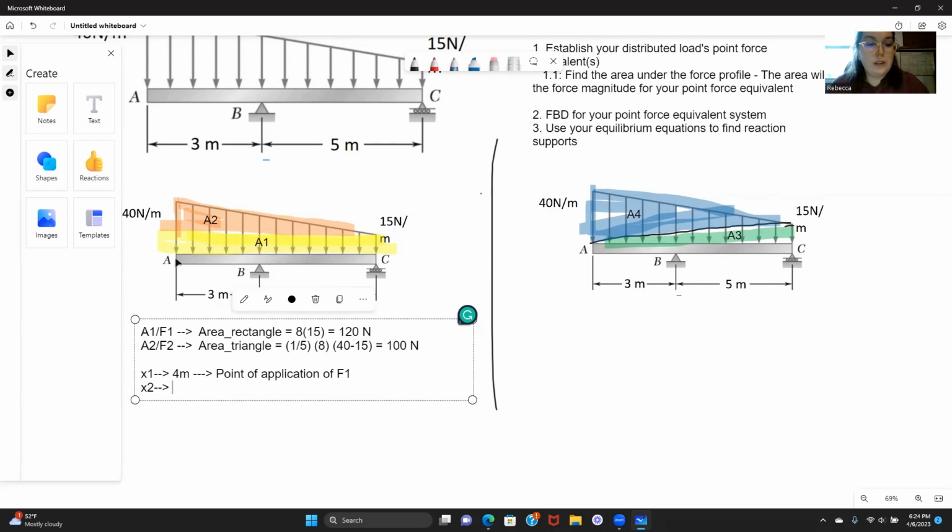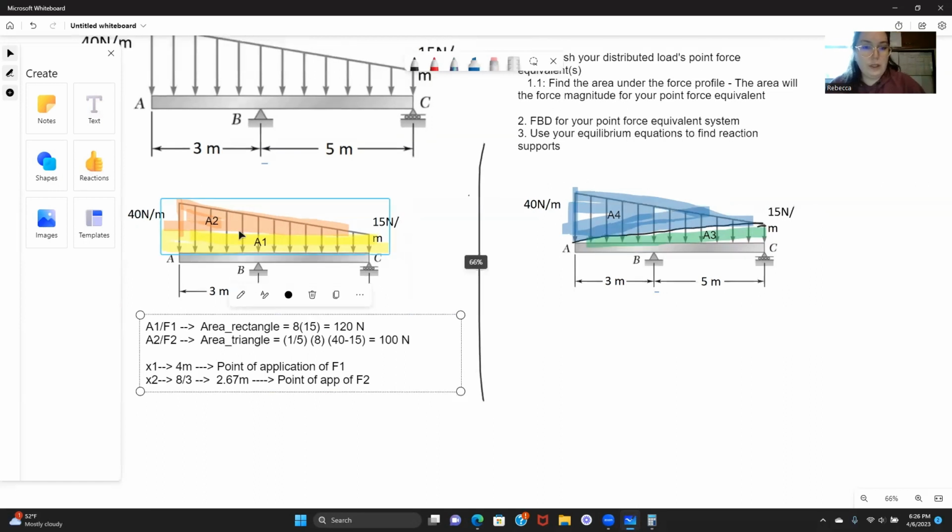So in this case, if we consider our point A as the origin, or our x equals 0 point, it would be 8 meters divided by 3, which would be 2 2/3. This would be our point of application of force 2.